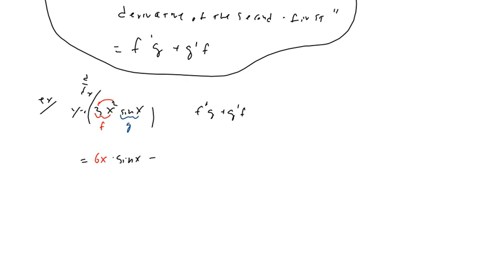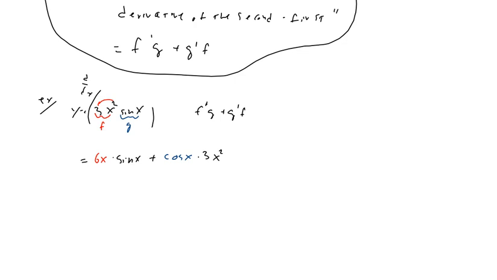I didn't do anything to the g part. I left it alone. Did the derivative of the f prime times g. Plus, now I do the derivative of my g part. The derivative of sine is cosine. Times, I leave the f part alone, 3x squared.